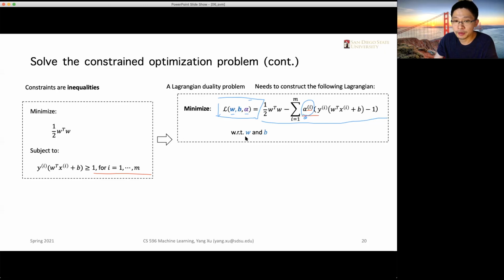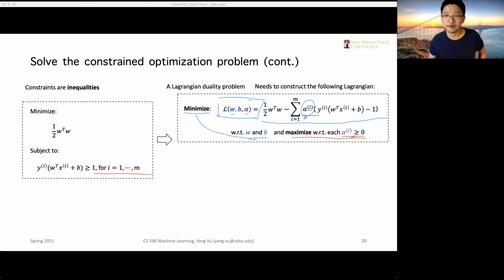With respect to W and B, we are going to minimize the Lagrangian. But the direction for optimization is to maximize the Lagrangian with respect to alpha. And this alpha also has constraints: alpha should be greater than or equal to 0.